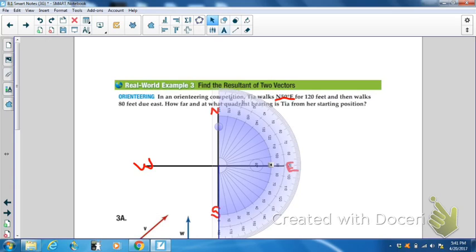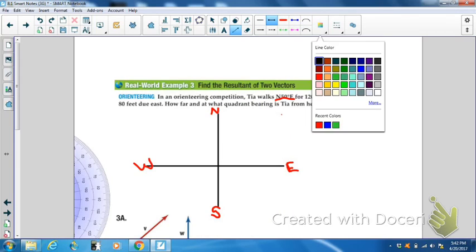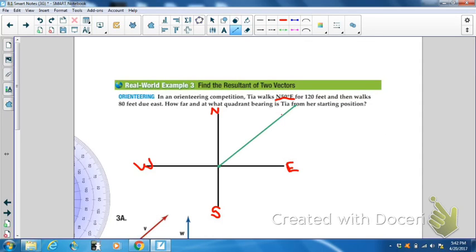So I'm going to put a little mark there. That's pretty close. Move my protractor. I'll make a little potential vector here from the origin through that dot.